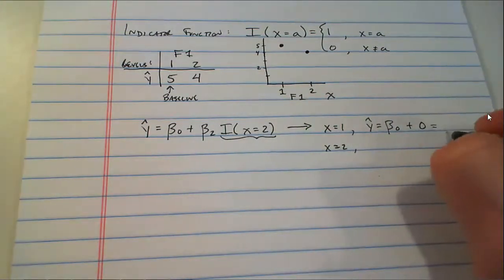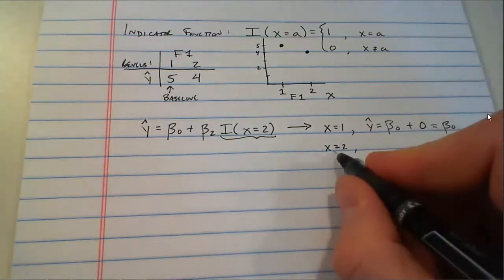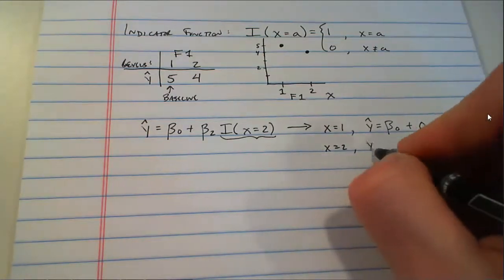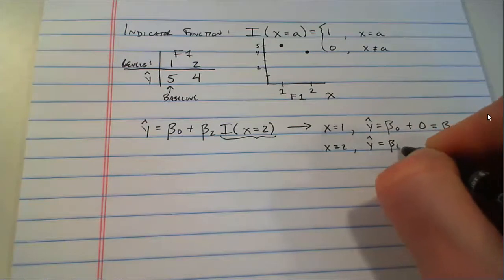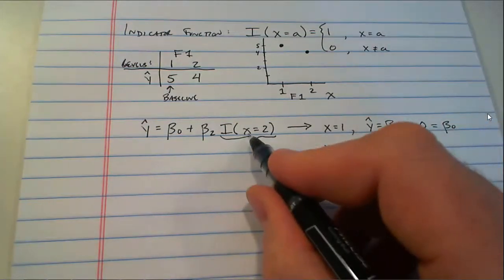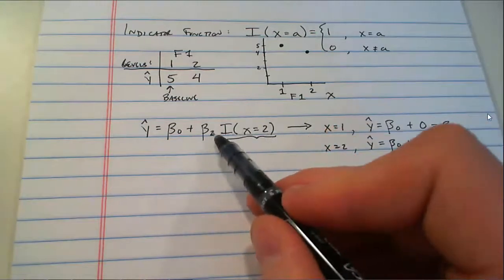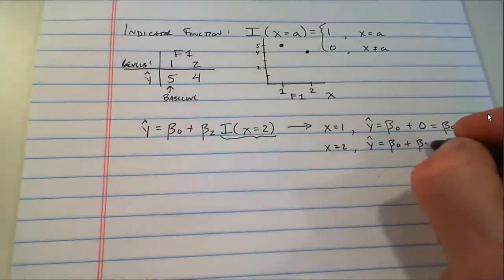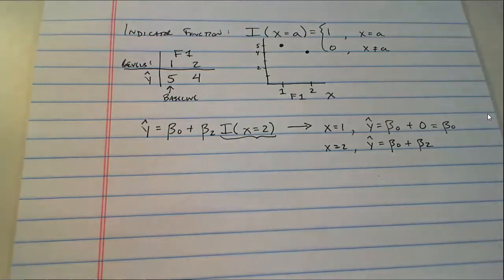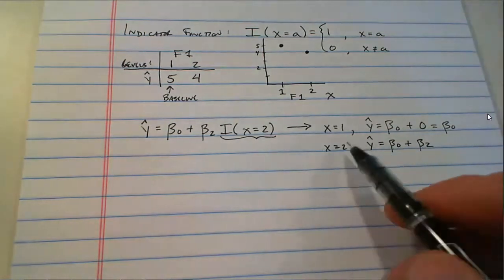So that's just beta naught. When x equals 2, we have y hat equals beta naught plus, x equals 2, so this indicator function equals 1. 1 times beta 2, beta 2. Beautiful.